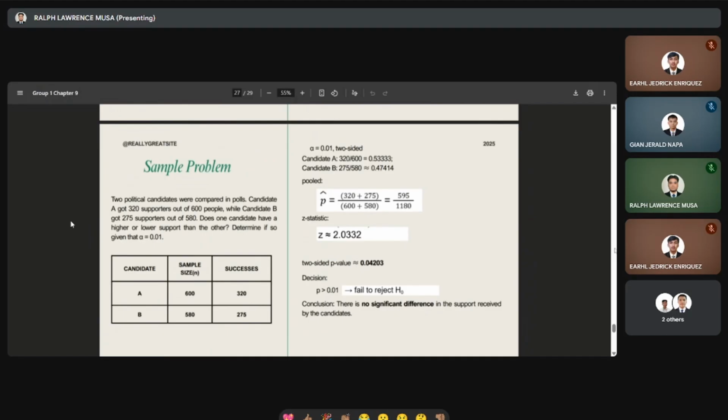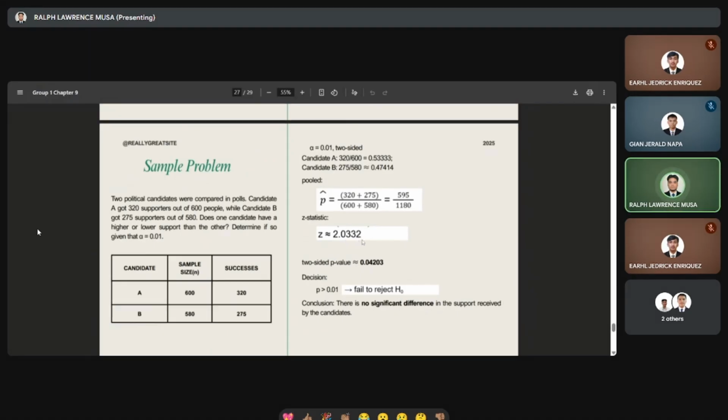The z statistic would be 2.0332 and its two-sided p-value is equal to 0.04203. So the decision would be, since the computed p-value is greater than 0.01, we fail to reject the null hypothesis. So the conclusion would be, there is no significant difference in the support received by the candidates.